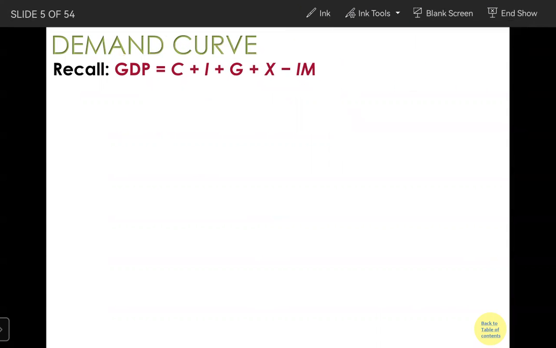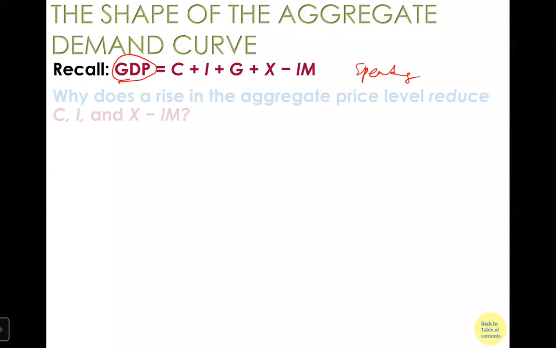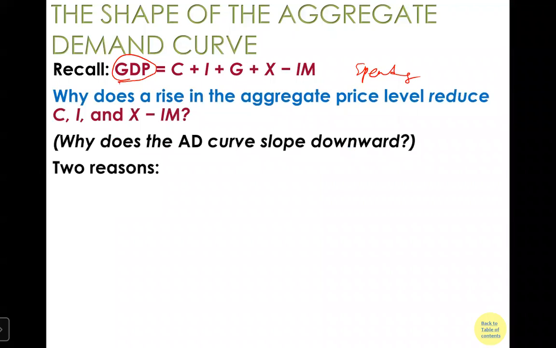By examining this equation, first let's just look at GDP through spending. Now, what we need to understand is the following. Sorry, I went too fast. Why does a rise in the aggregate price level reduce either C or I or net export?